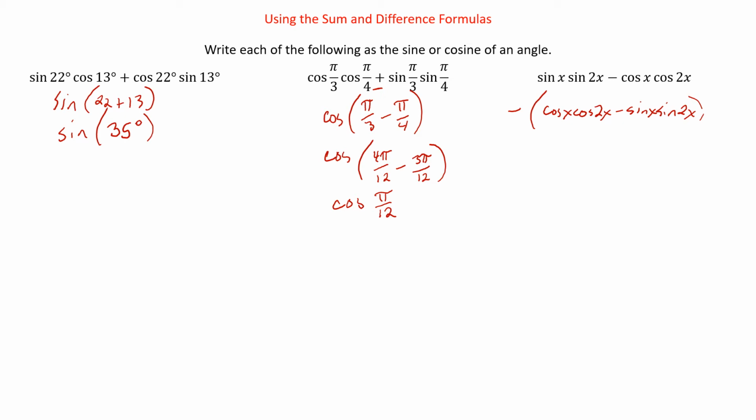And now this looks like a cosine. We're subtracting, so we're going to add the 2. So that'll be negative cosine of x plus 2x, which is negative cosine of 3x. So we can use the formulas going both directions.